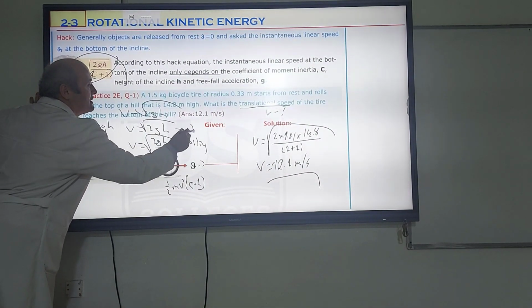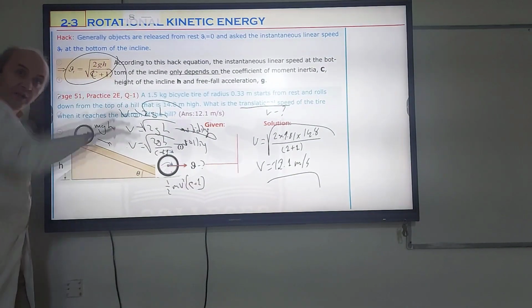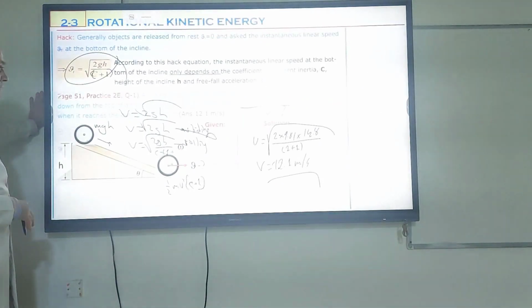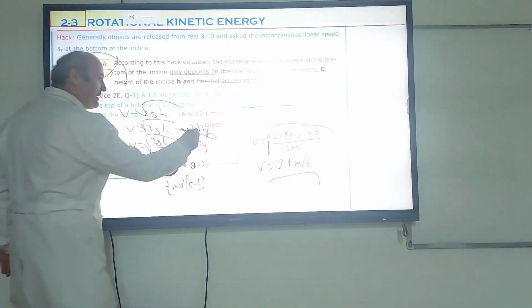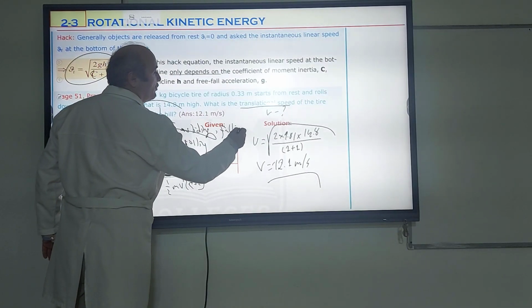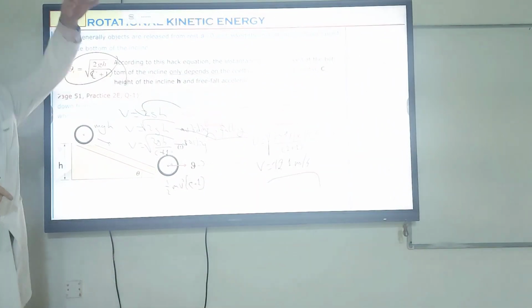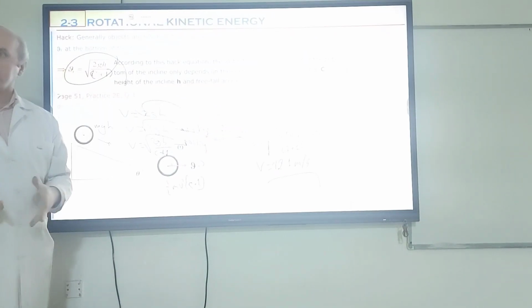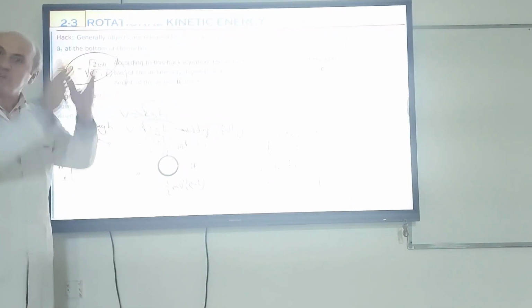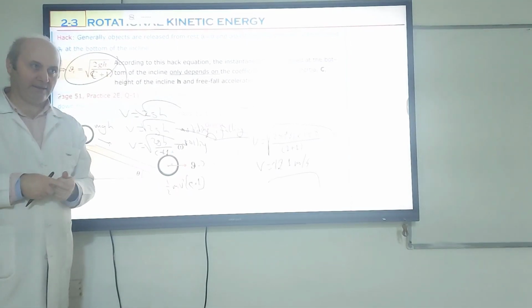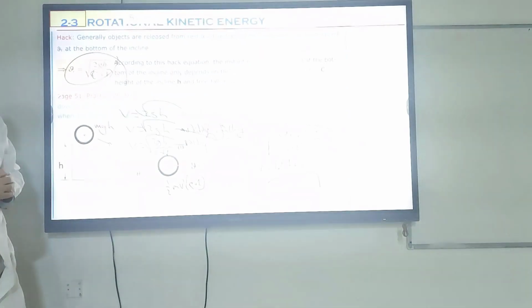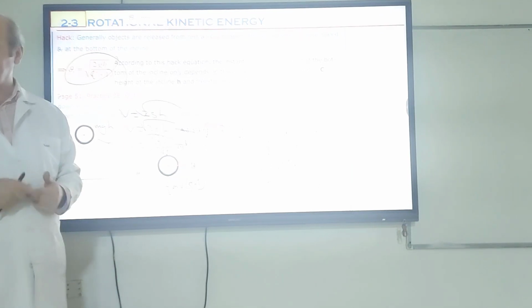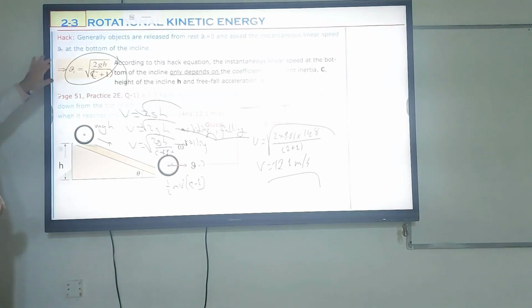This is the sliding or falling case. Falling is asked in the ministry exam. They ask this: one object is dropped and falls, the other one rolls down. Which one is faster? The falling case is faster than the rolling case. The falling and sliding cases reach the bottom with a greater speed than rolling cases. All right.